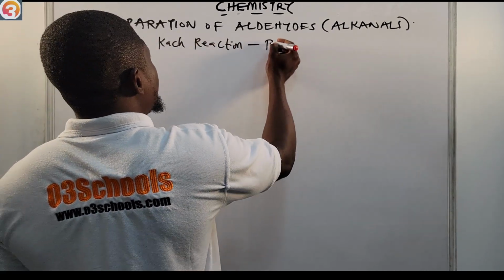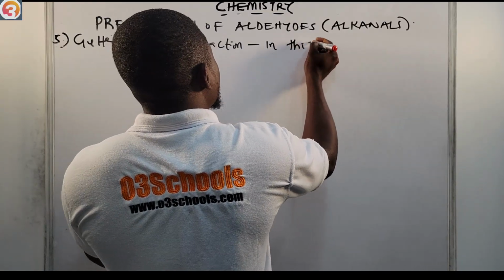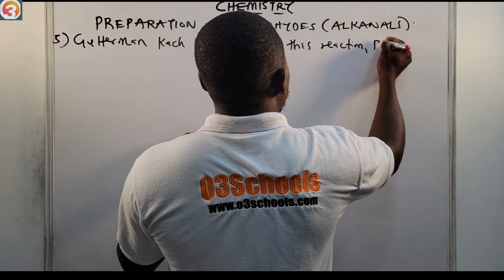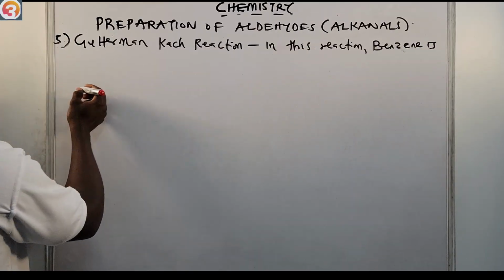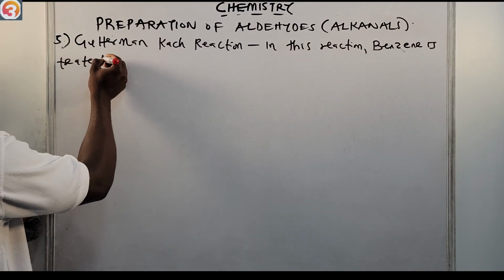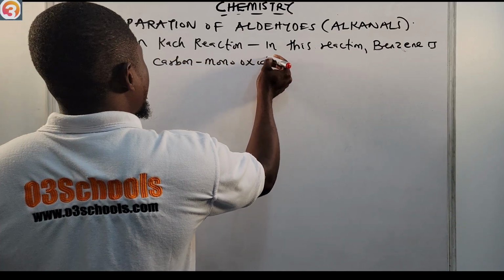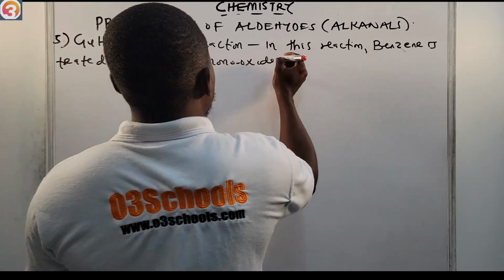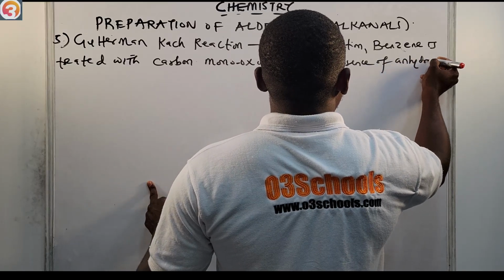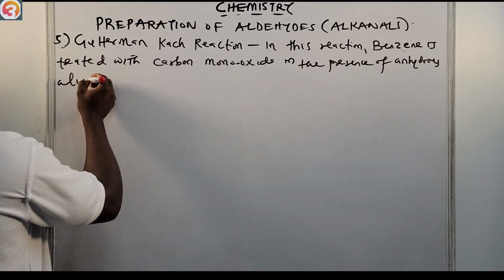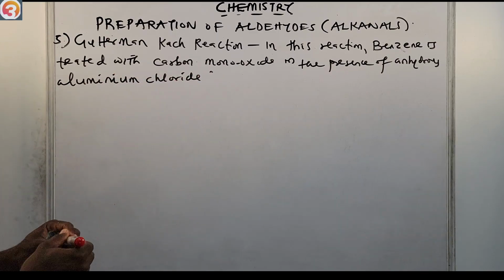In this reaction, benzene is treated with carbon monoxide in the presence of anhydrous aluminum chloride. So this is called Gattermann-Koch reaction.